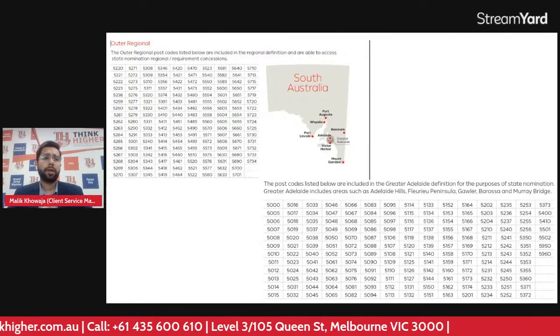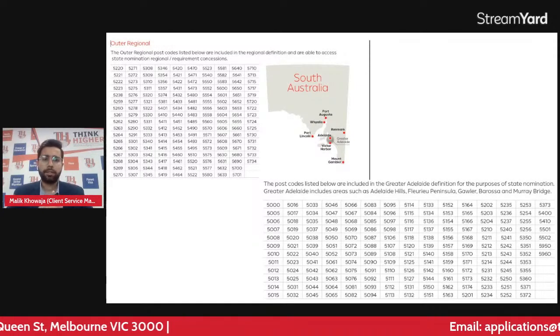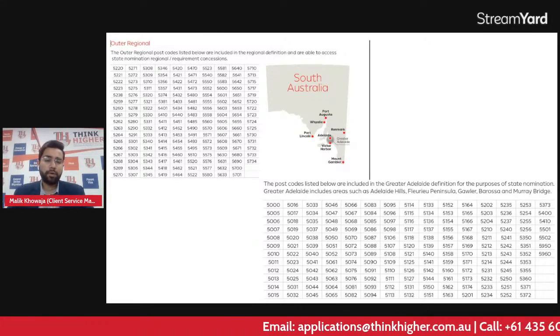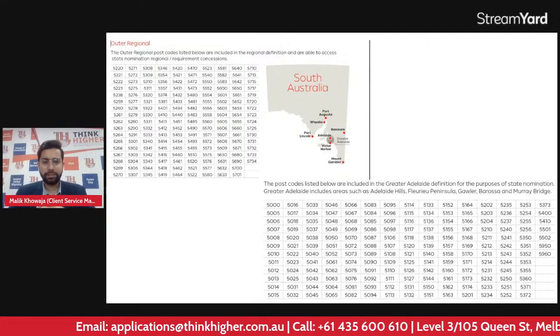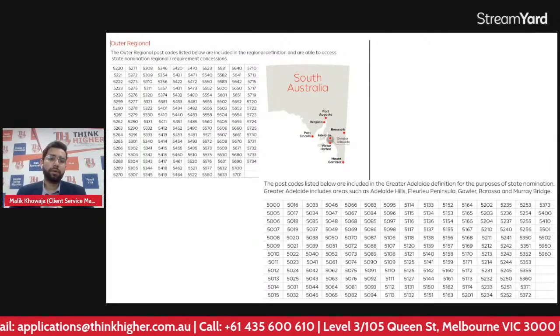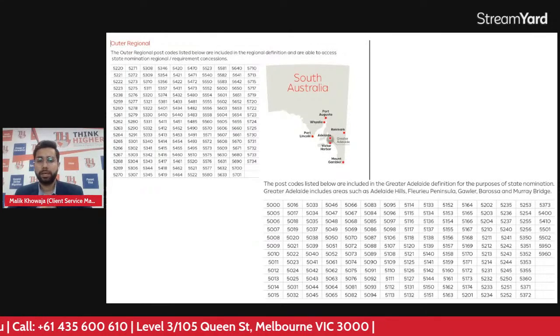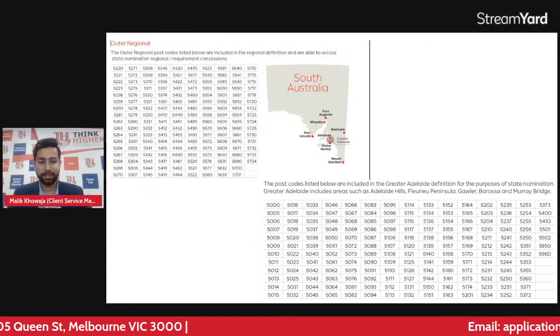Now you're going to ask, if for Home Affairs the whole of South Australia is a regional area, then why did South Australia divide this into two parts? It is because of the demand for occupations in those regions, and they also want more people to work in regional South Australia in order to improve the growth of South Australia in these sectors.